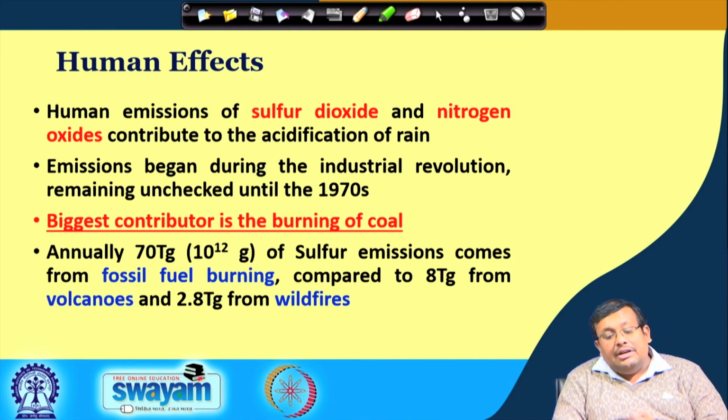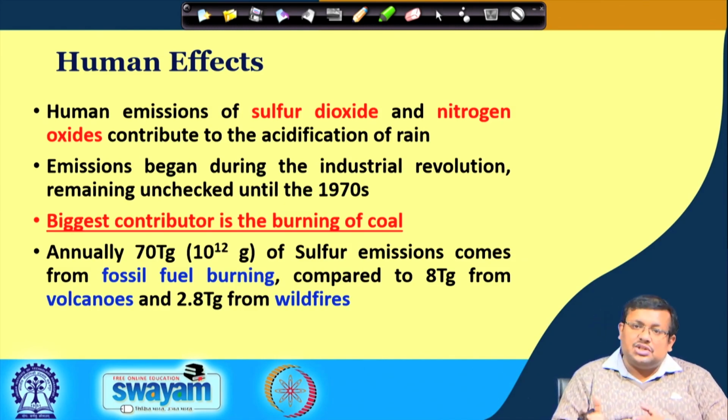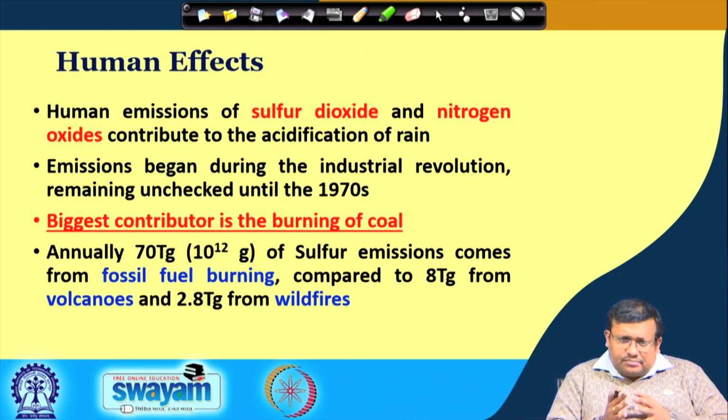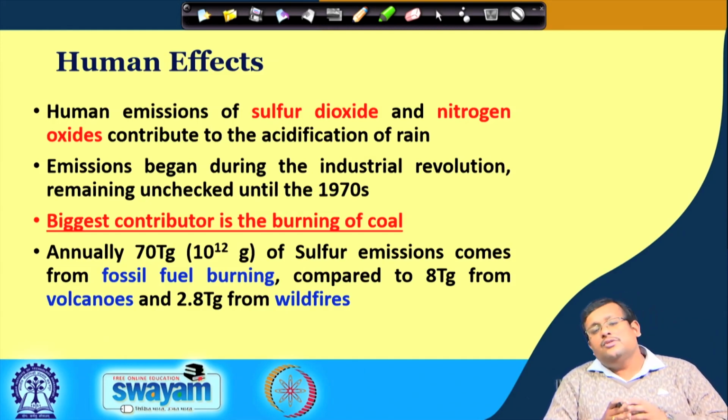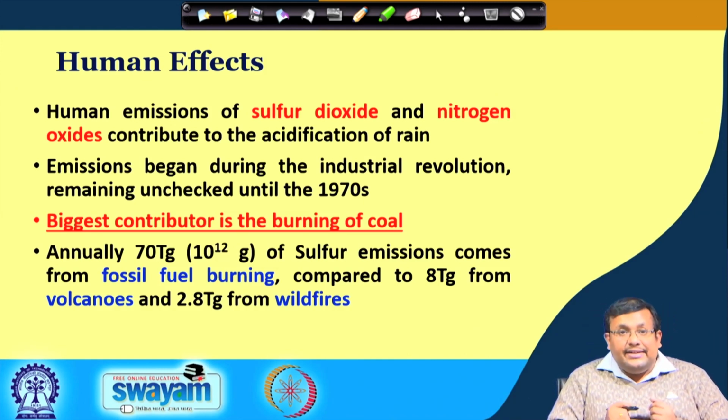Now, emissions began during the industrial revolution, remaining unchecked until the 1970s. So, during the industrial era, different countries, both developed and developing, produced huge amounts of industrial emissions, which remained unchecked until the 1970s.